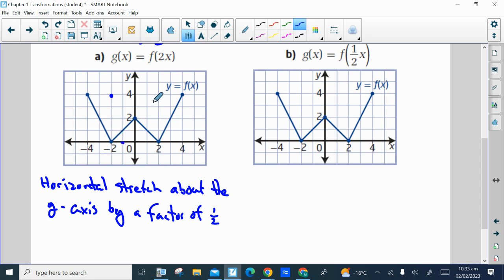It's the y-intercept that will be invariant because the x value there is 0. That's the point 0, 2. So when you multiply 0 times a half, it stays 0. Half of 2 is 1. Half of 4 is 2.